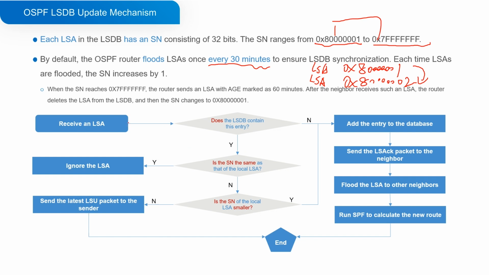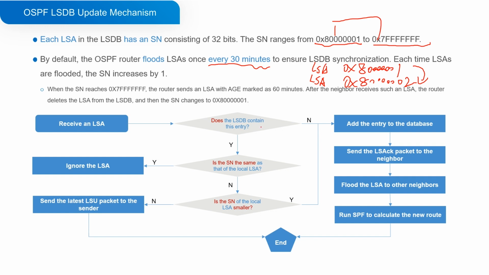Now let's see the mechanism of the RSDB update. First, one router receives an RSA. After we receive this RSA, we have to compare it with the entries in our RSDB, and we find maybe we don't have this entry, or maybe we have this entry.